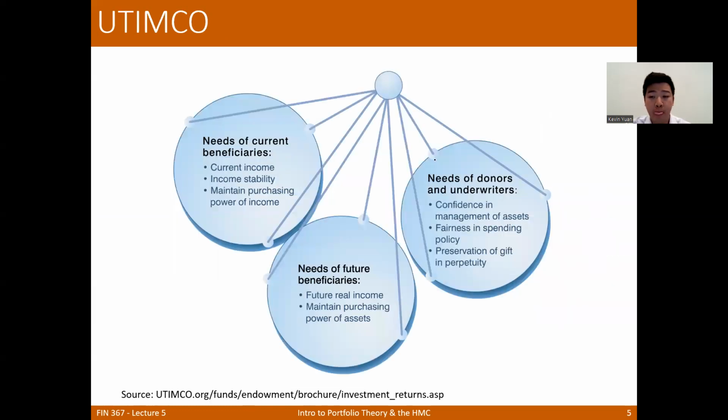So the University of Texas and Texas A&M take their investment funds, and it's actually managed by a company called UTIMCO. And they're thinking about a lot of different questions. They're thinking about the needs of the current beneficiaries, and what kind of current income their assets can generate. They're thinking about income stability as well.